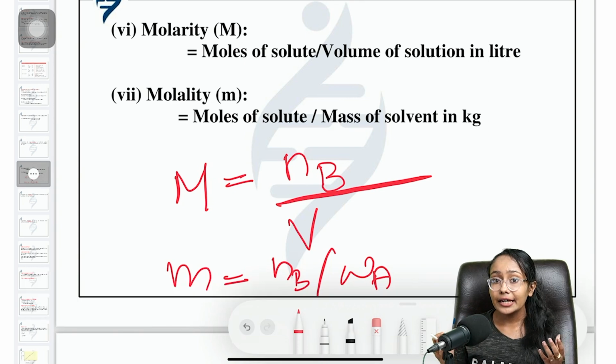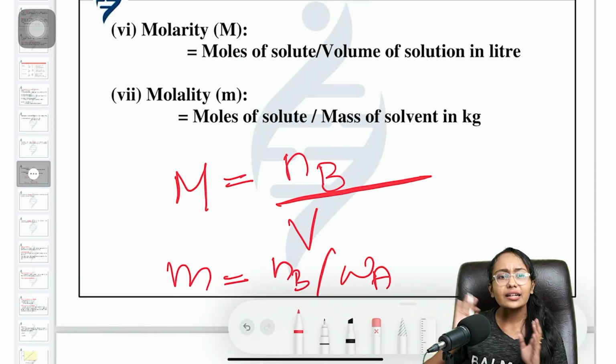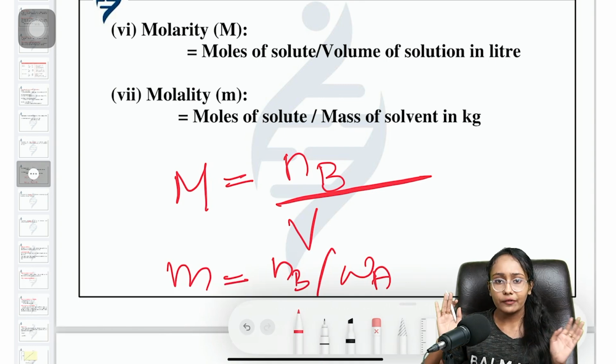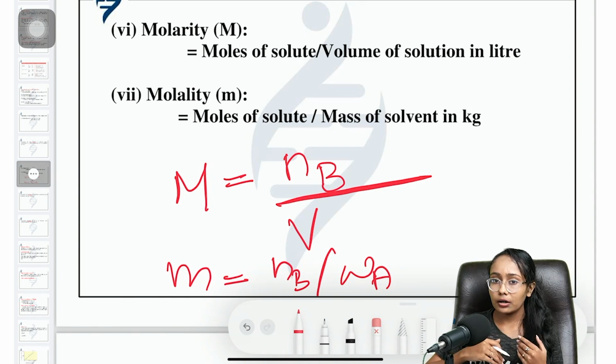Obviously, if a value is changing with temperature, we can say that's not a better method. If you're entering a physics lab or chemistry lab, you need constancy in your answers, right? Whenever you measure something, there must be a constant value. If it changes with some external factors, can you say that it's a better method?